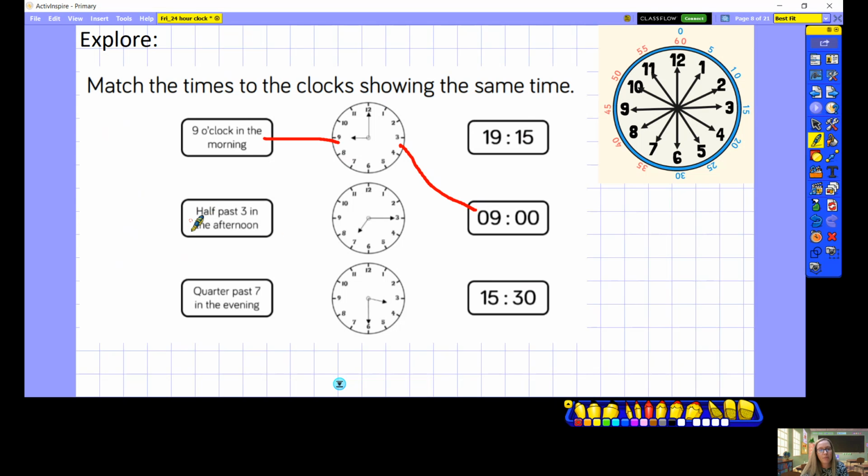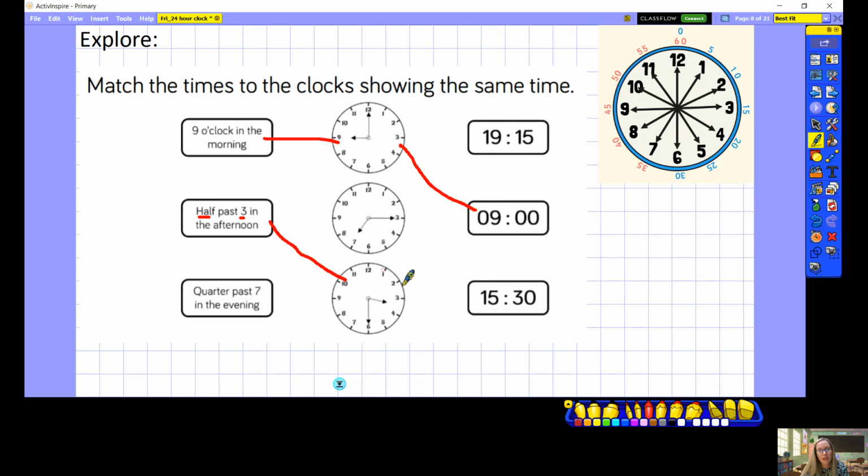The next time is 3:30 in the afternoon. So let's see if we can find a clock that shows 3:30. And when it's 3:30, we know that the minute hand would be on the 6, so here, and the hour hand is just past the 3. So I can match this one up with this clock here. And now, because it's in the afternoon, if we do 3 add 12, that will help us to find our digital time.